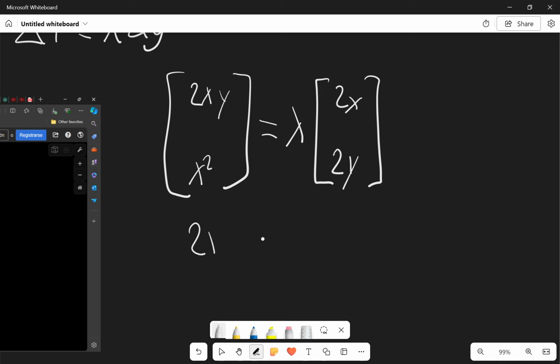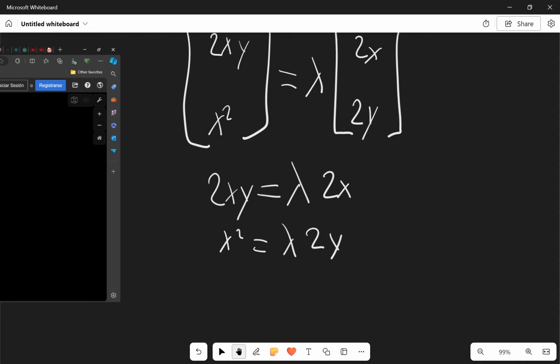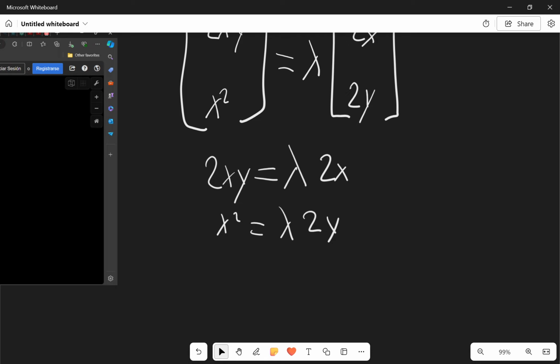So 2xy equals lambda times 2x, and x squared equals lambda times 2y. And we also know that x squared plus y squared equals 1. So here we have three variables and three equations. So this has a solution.